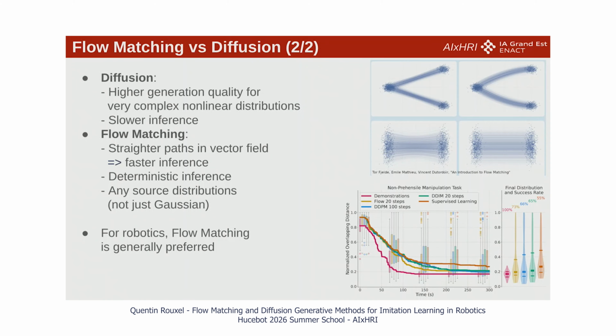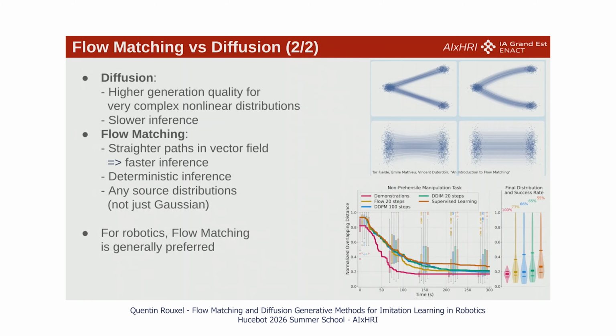On the other side, flow matching, because it has paths that generally are straighter in the flow, can be integrated with fewer steps and can generate faster. Also, another advantage of flow matching is that we can use any kind of distribution as the source distribution. It could be a Gaussian, but it could be uniform, or something completely different and very complex, while diffusion has to be Gaussian according to the theory.